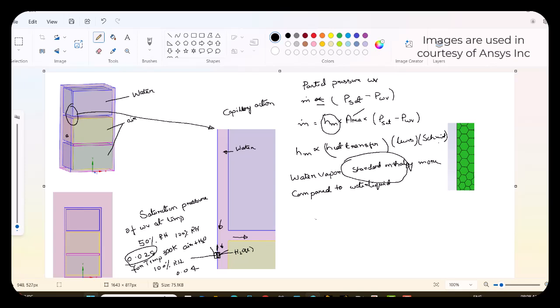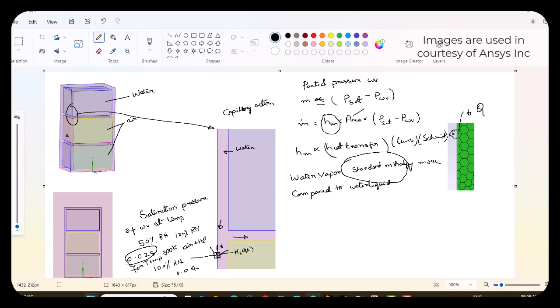So I'll redraw here. Maybe these are the cells I'll take for consideration. It's the mesh that I have designed in Ansys Fluent. So this is a liquid water cell and this is a water vapor adjacent cell. Okay, so in this cell, as vapor is added, there is a drop in heat content in this cell.